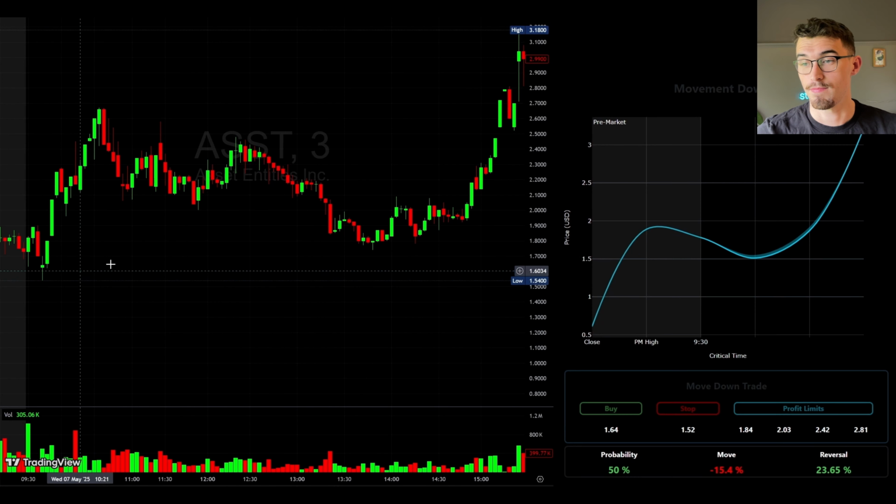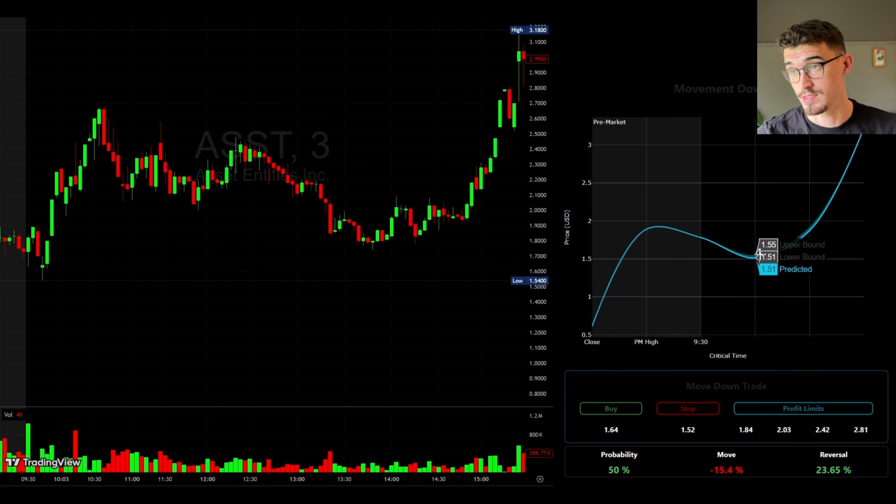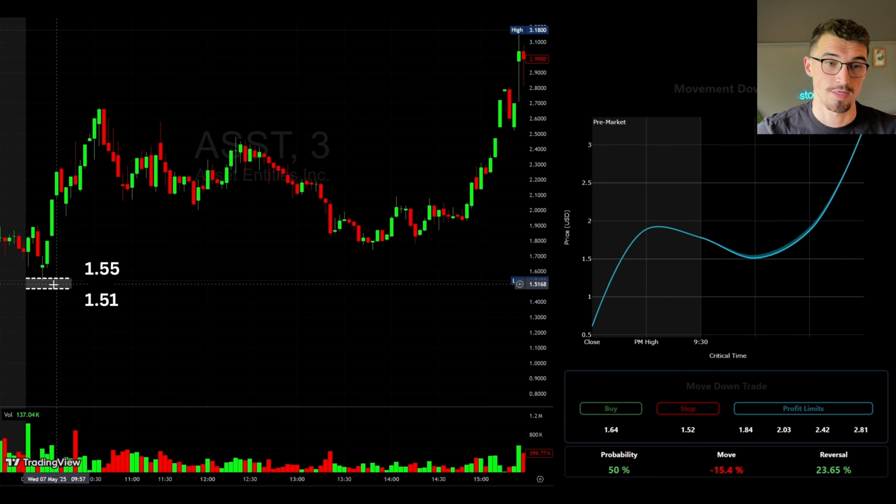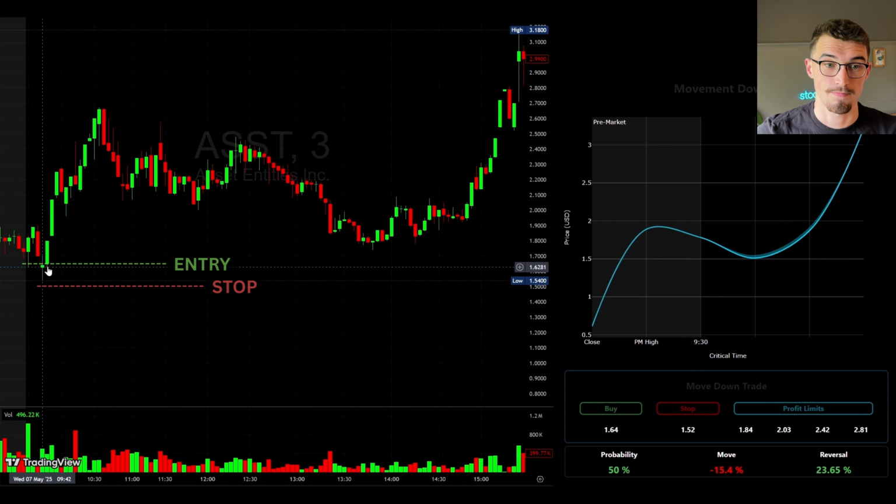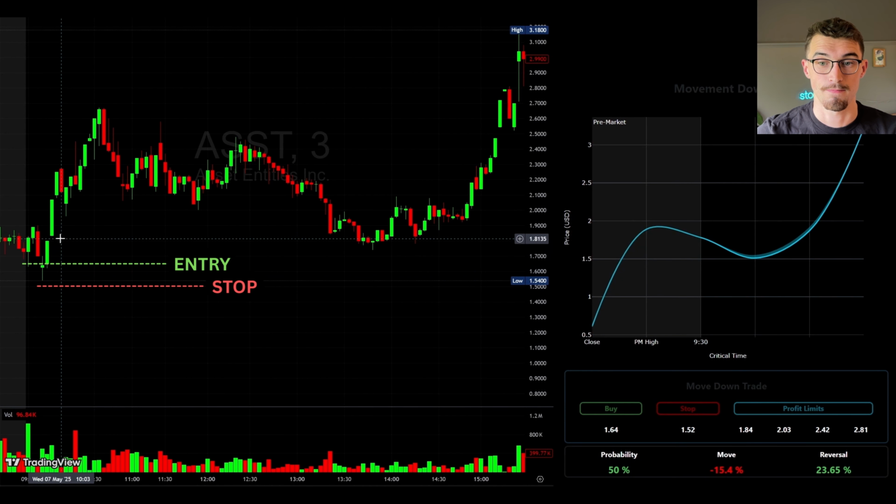Now, taking the move down trade, it's saying that it comes down to at least 155 and then you buy it at 164. So it came down to 154, meaning that when it comes back up to 164, that's when you would buy. So you would buy right here. And then it comes up, it hits 184.